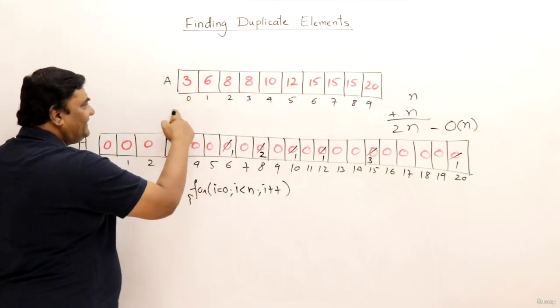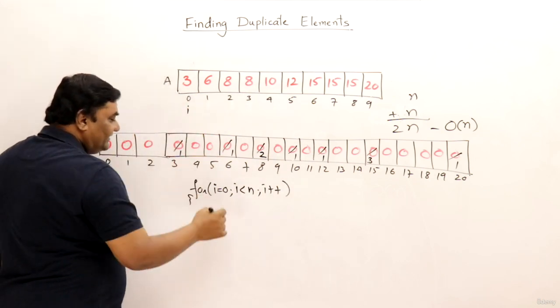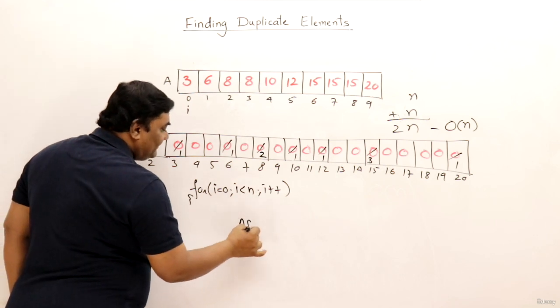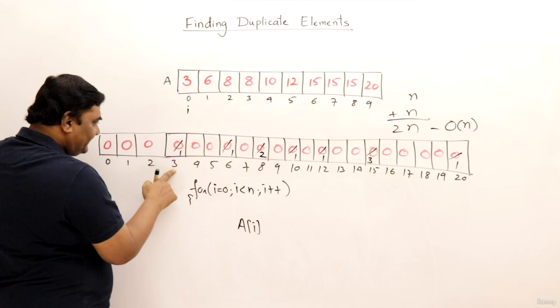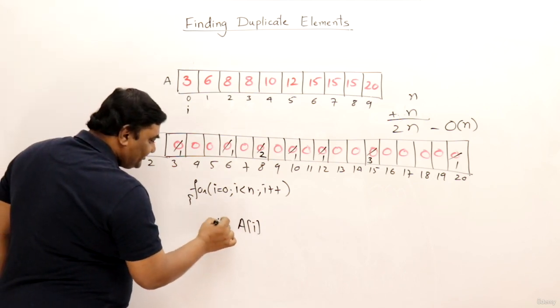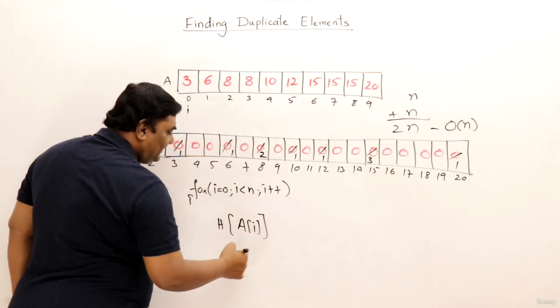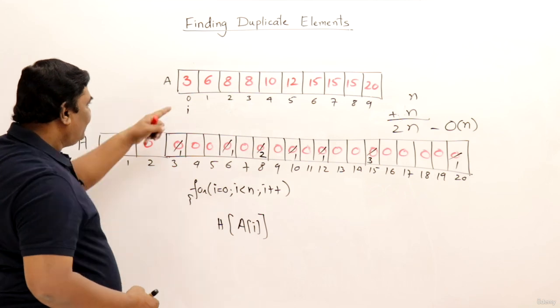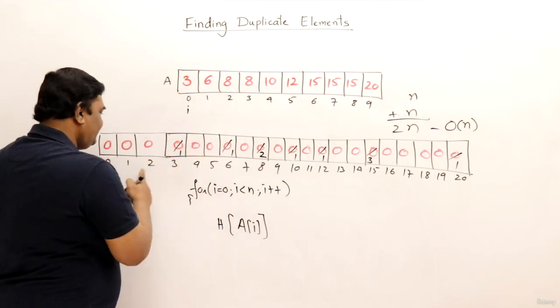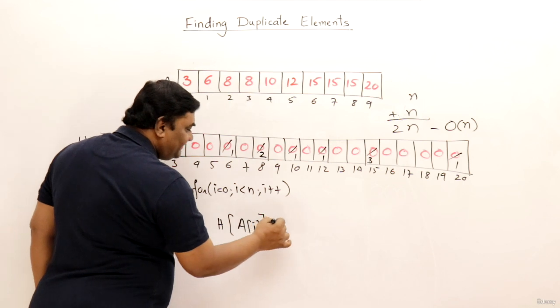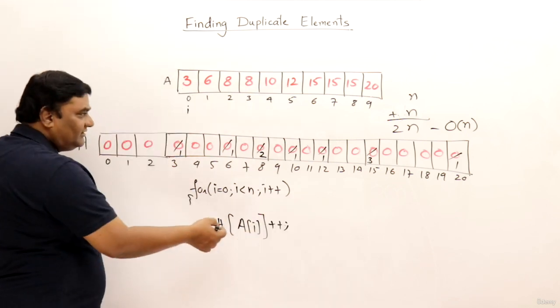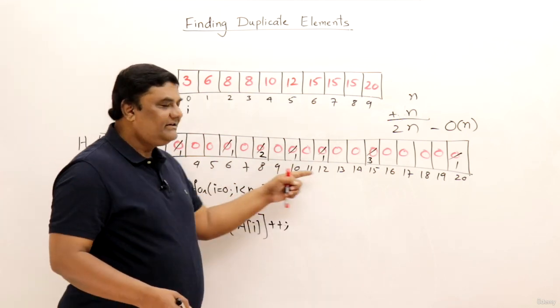Then for each element, like a of I is, let us say, 3. So I should go to third index. So that is h of a of I. Yes, a of I is 3. So that 3 I should find the index here, right? So h of 3 plus plus, this will increment. So that's all. This is how I can mark them or increment them.